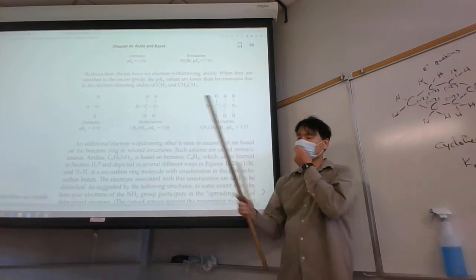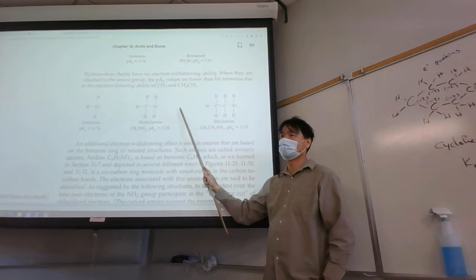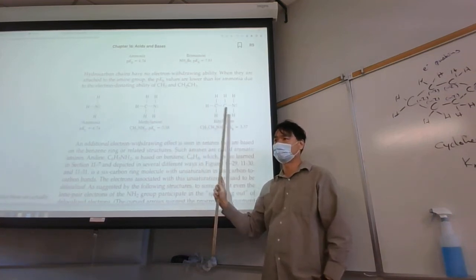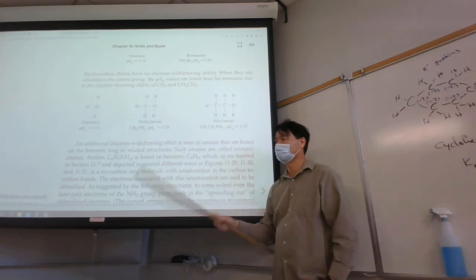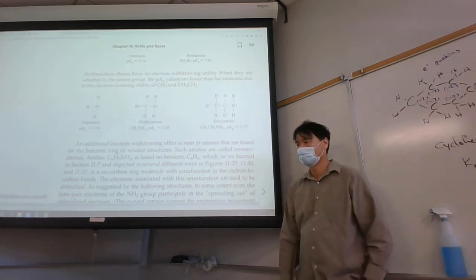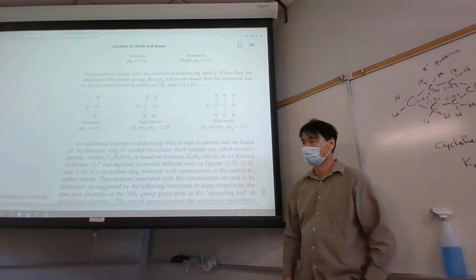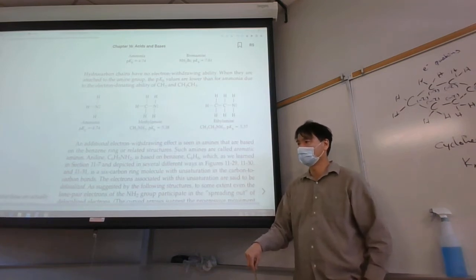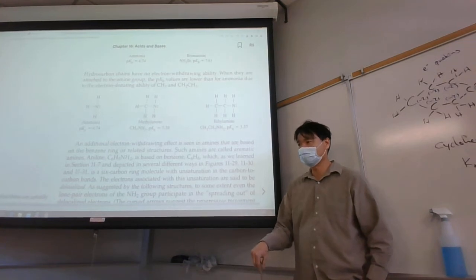And the longer the chain, the more electron rich carbons we add, but the further away they get from the amine part. Does that make sense? The more carbons there are, the more electron rich it is, and the better it is as an electron pusher.